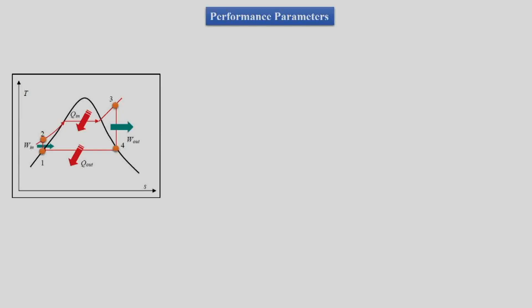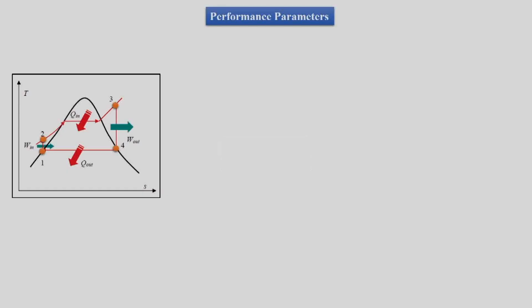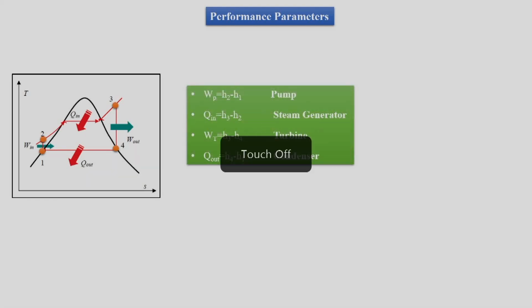Once we know how to estimate all the corners of the cycle, like 1, 2, 3, 4, or maybe the corners corresponding to saturated conditions, we can find out performance parameters of the steam power plant. Those parameters would include pump work, and we have said that pump work is H2 minus H1.